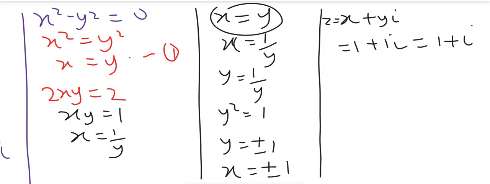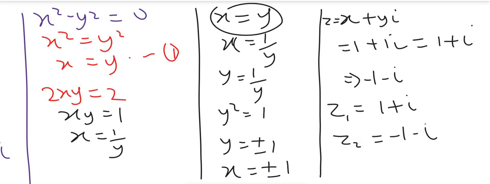The other one, when x is -1, y is also -1, so minus 1 minus i. So you have z1, that's the first answer of z, because you're having four values of z. z1 is 1 plus i, z2 is minus 1 minus i. We've gotten two values of z.